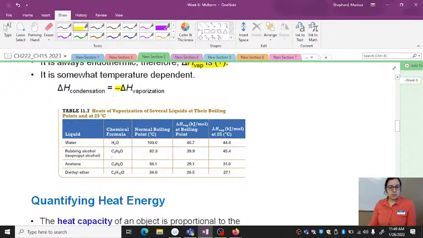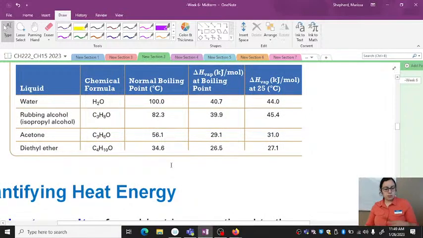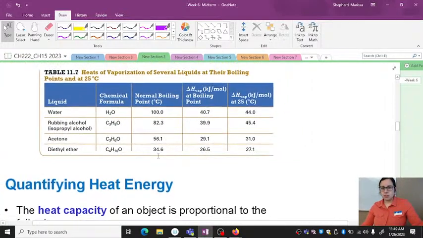Now this is just some information. Again, there are all sorts of standard tables. I assume your book has information like this in the back, of the delta H of vaporization for different substances. This is just comparing water. We know it boils at 100, and its delta H of vaporization is 40.7. Always pay attention to the units. These are given in kilojoules per mole.